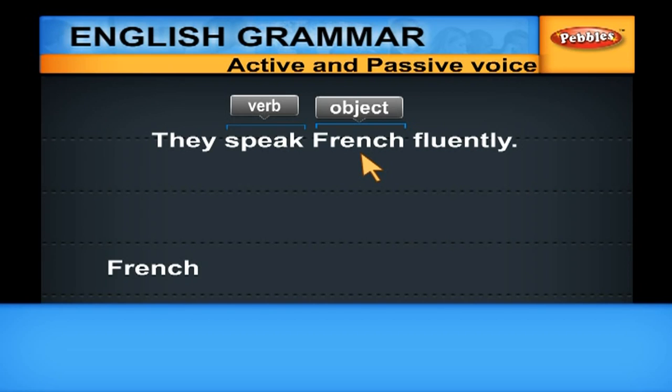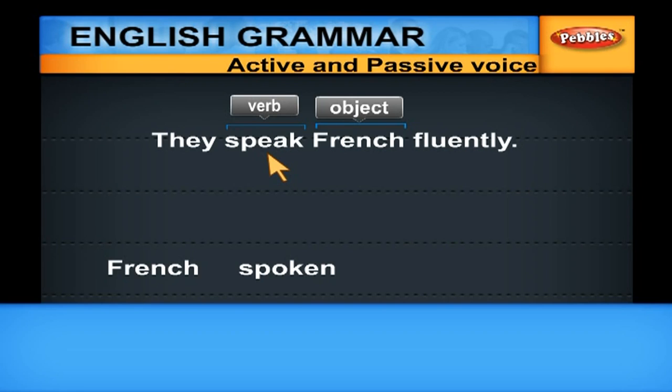Then, you have to identify the past participle form of the verb speak. Spoke is the past tense. Spoken is the past participle. So, you have to use spoken in the passive voice. Spoken needs an auxiliary.